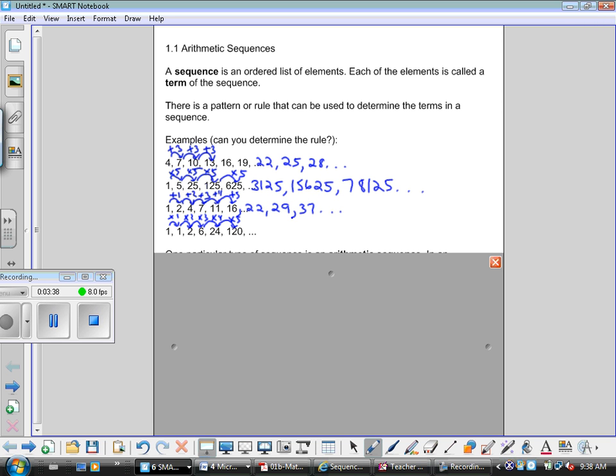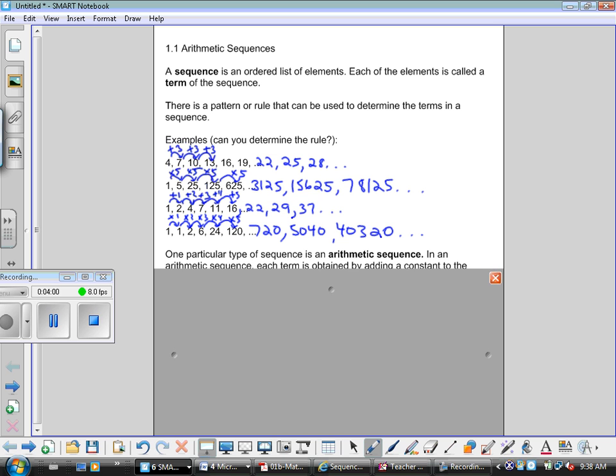That appears to be the pattern. If we multiply 120 by 6, which would be the next step, we get 720. Multiply that by 7, 5,040. Multiply that by 8, 40,320, etc. So those are sequences.